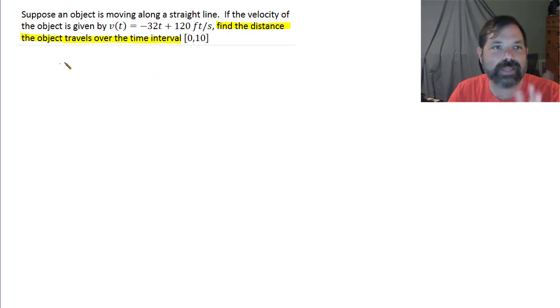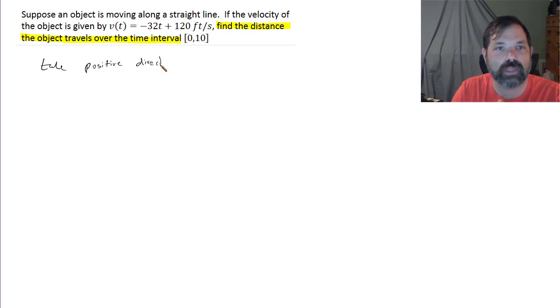So now the total distance traveled. Let's take the positive direction to be to the right.